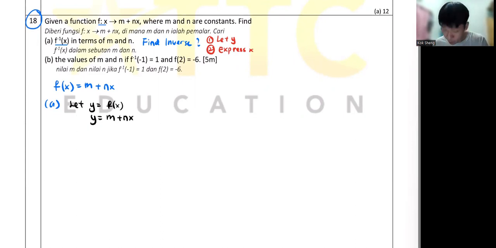For this working, just bring the m over first. Plus becomes minus, followed by the n. This n brings over, times becomes divide.